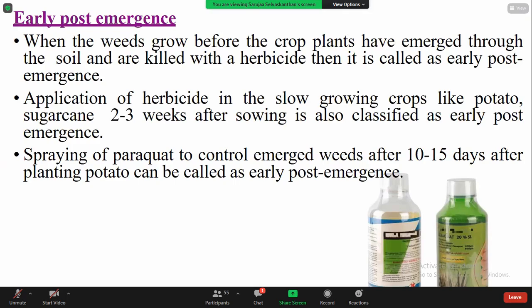Spraying of paraquat to control the emerged weeds 10 to 15 days after planting the potato is followed as early post-emergence. After 10 or 15 days of planting, we apply the herbicide. It is called early post-emergence.